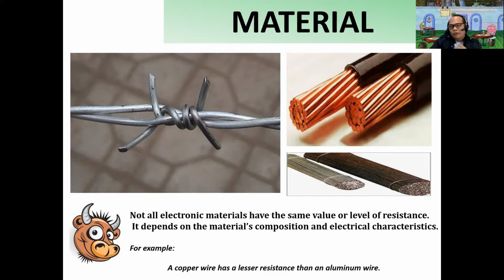If you use a wire, and one wire is copper and the other is aluminum, obviously these are different materials, so you cannot expect them to have the same level of resistance. One may be higher or one may be lower. It is inherent that different materials used in electrical and electronic circuits exhibit different levels of resistance. Let us take note of that.